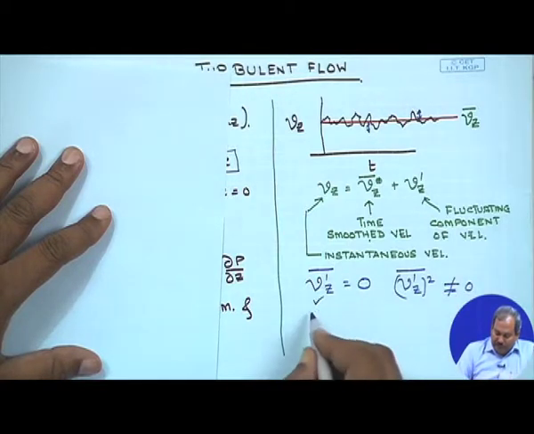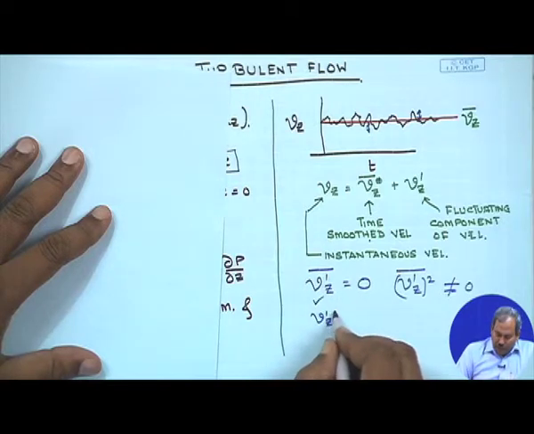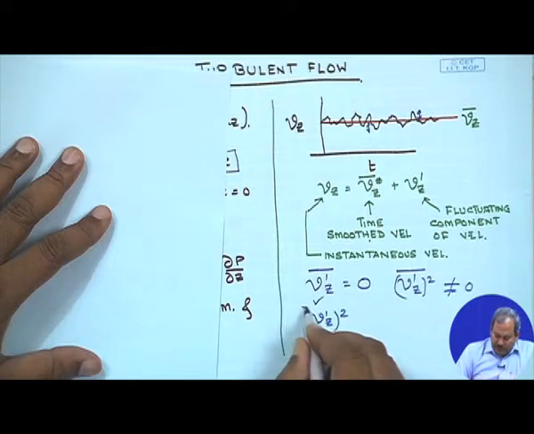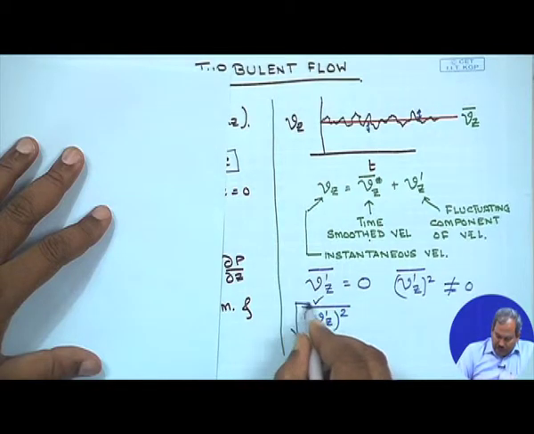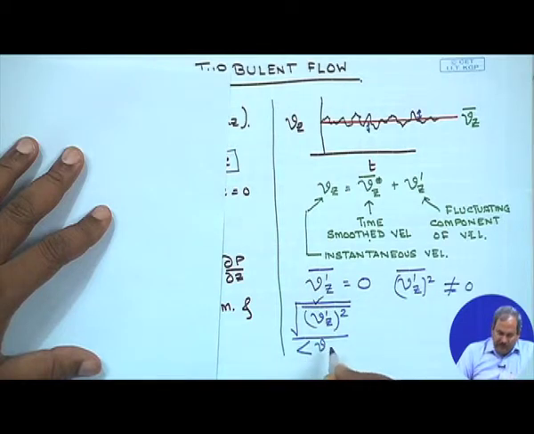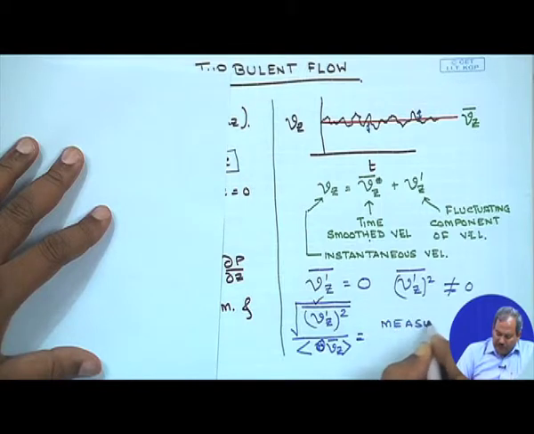In fact, the square root of the time smooth V prime Z square divided by V bar Z is known, it's essentially a measure of turbulence.